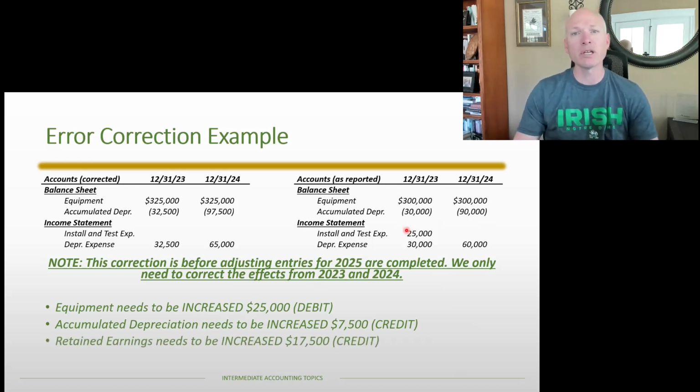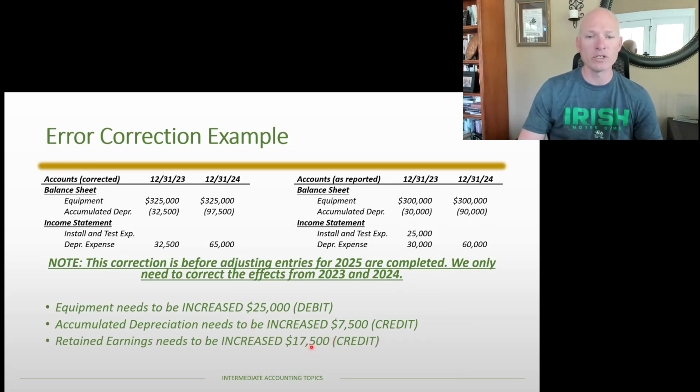So just to be clear, the reason why this is all in retained earnings is because as far as our accounts are concerned, there are no temporary accounts that still have an error in them, because this installation test expense account was closed to retained earnings.